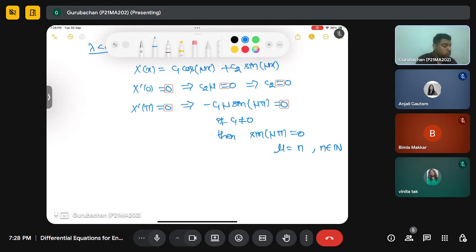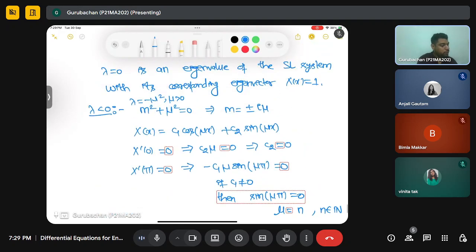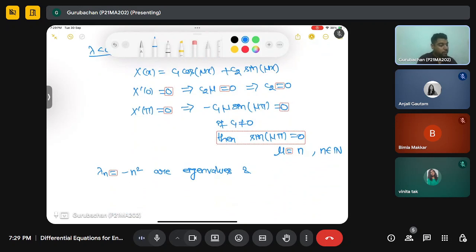So since we got mu equal to n, these are your eigenvalues, lambda n equal to minus n square, and the eigenfunction will be, since c1 is arbitrary, X of x is some c1 cos nx, where n is any natural number.